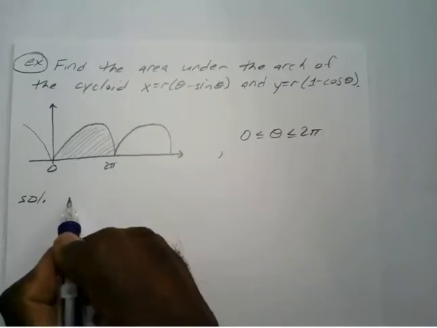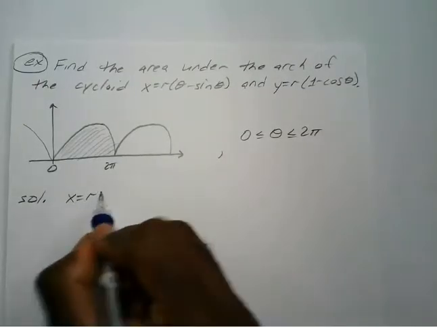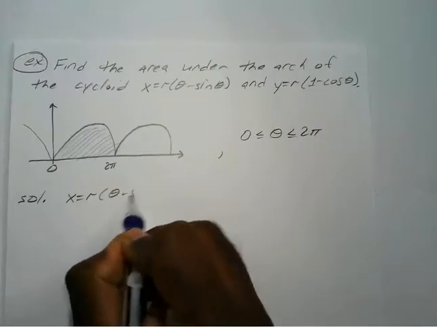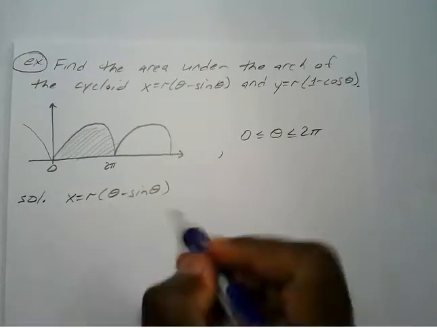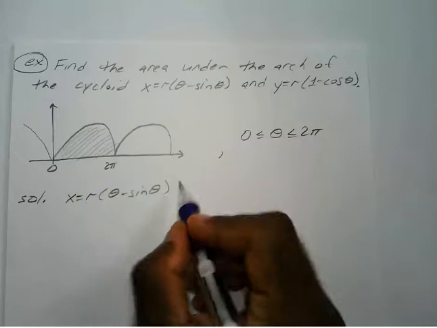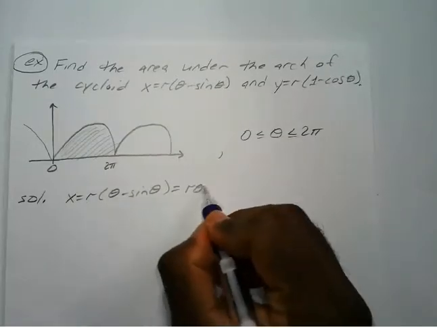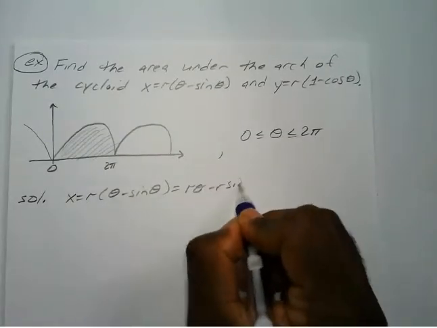Okay, so starting off, we have our x equals r times theta minus sine of theta. If you wanted to, you could distribute that r, giving r theta minus r sine of theta for your x.